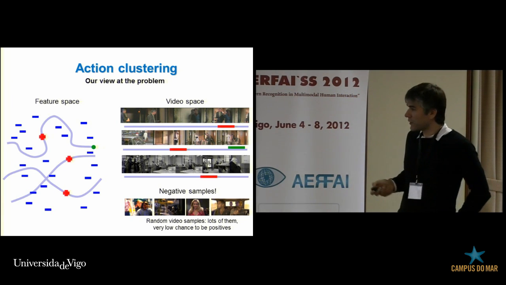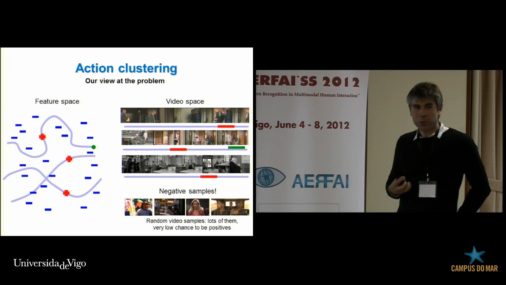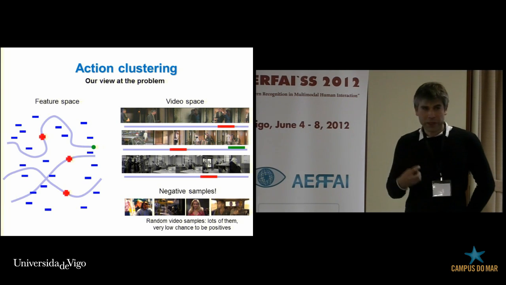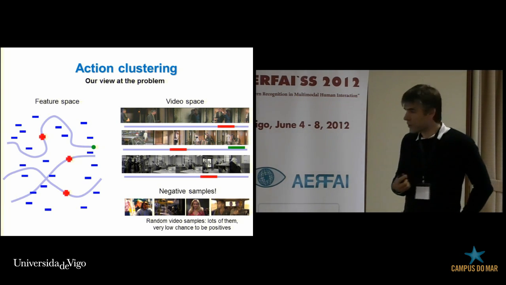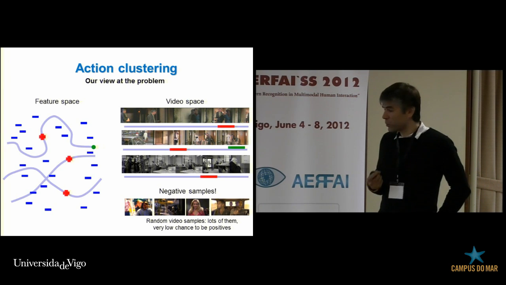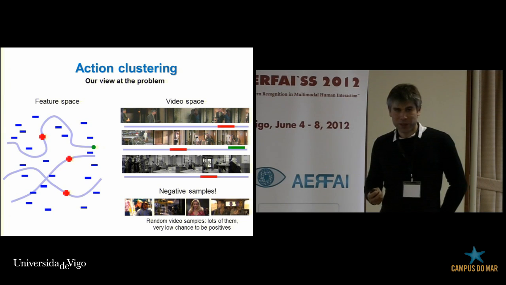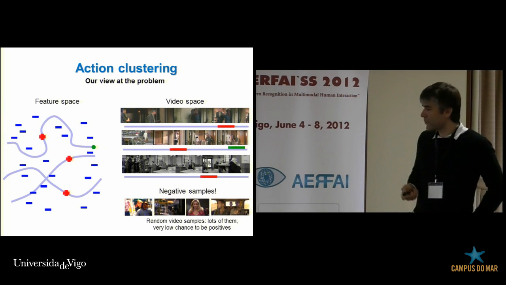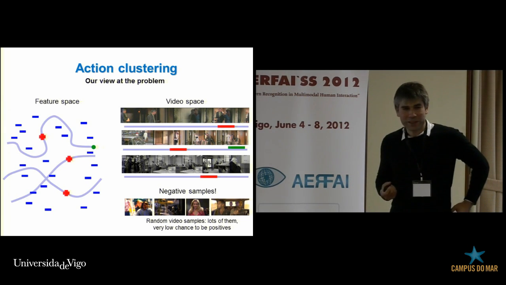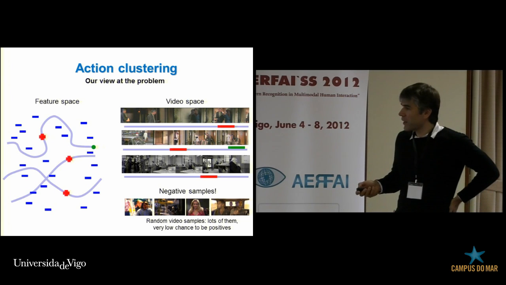We cannot get more information about positives, but actually we can get information from negatives. And negatives are good because they are very cheap, so we can just sample videos randomly, and if the action is very rare in this data, we can hope that all these points are really negative.